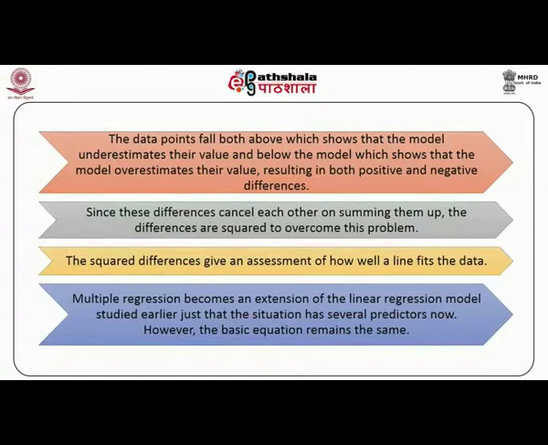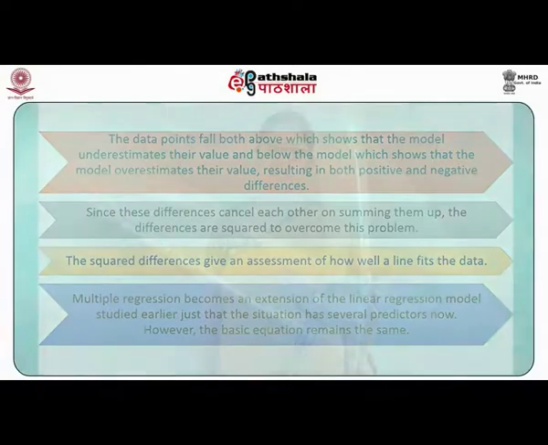Multiple regression becomes an extension of the linear regression model studied earlier, just that the situation has several predictors now. The basic equation remains the same. We have an outcome, then we have a model which has its share of errors.